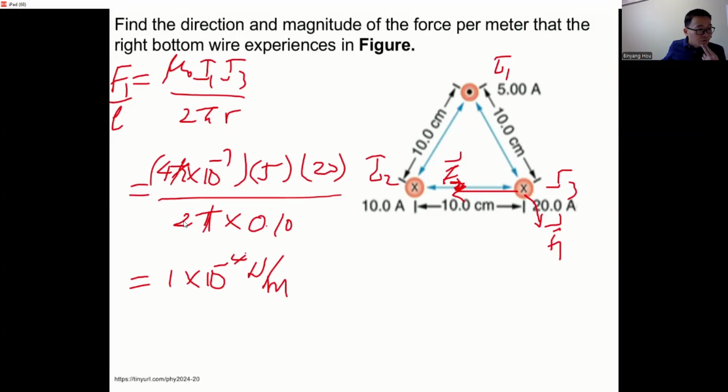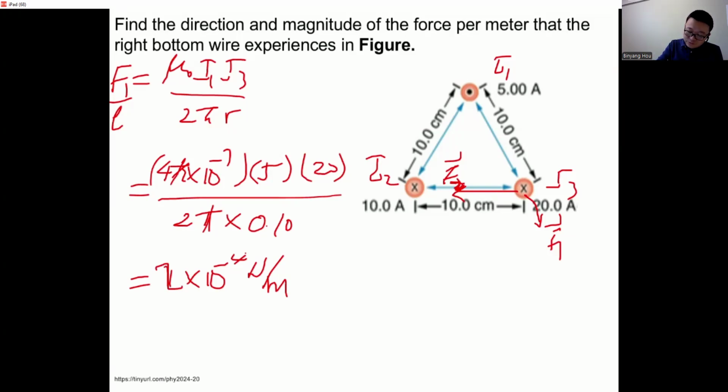Let me see, do I have the numbers wrong? 5 and 20. Okay, it looks like I have the wrong numbers somehow in my notes. So it's going to be 2 times 10 to the -4, instead of 1. I have to go without notes right now, so that's 2 on that.